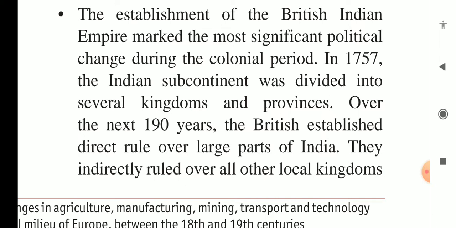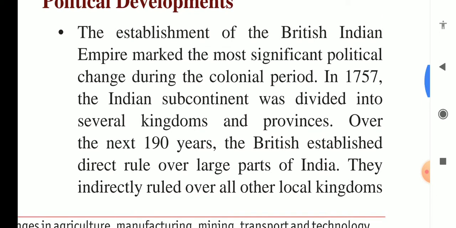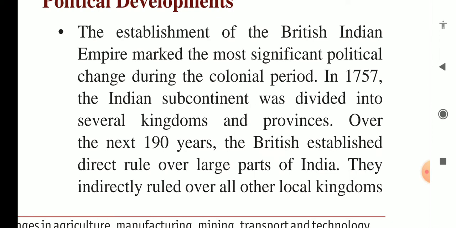They started asking permission for trade from the Mughal emperors, and they gradually started trading in India. After some years, they started controlling Indian territory.